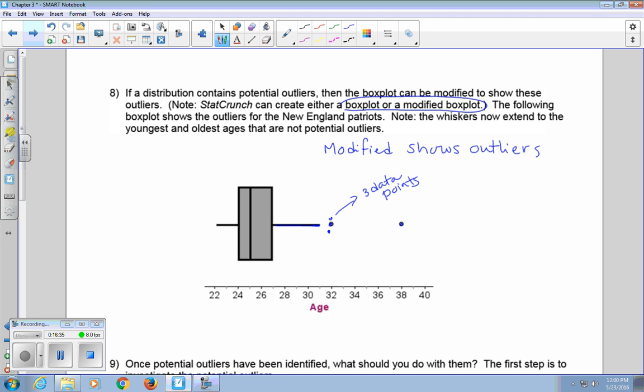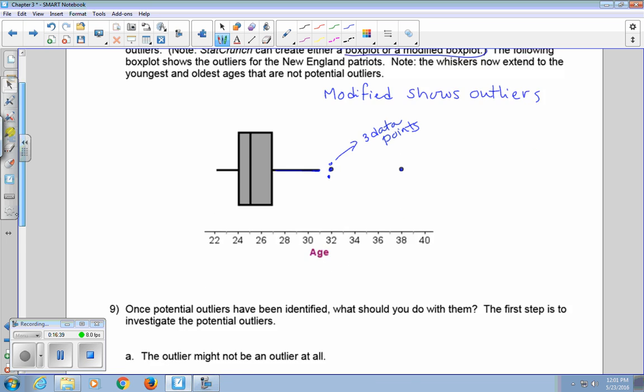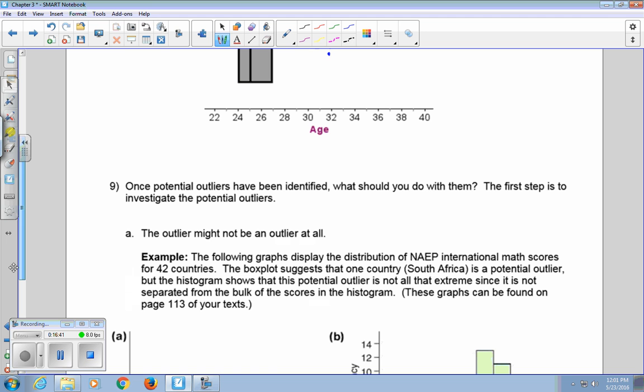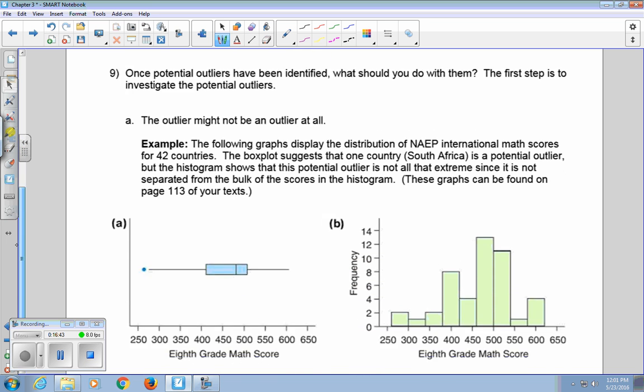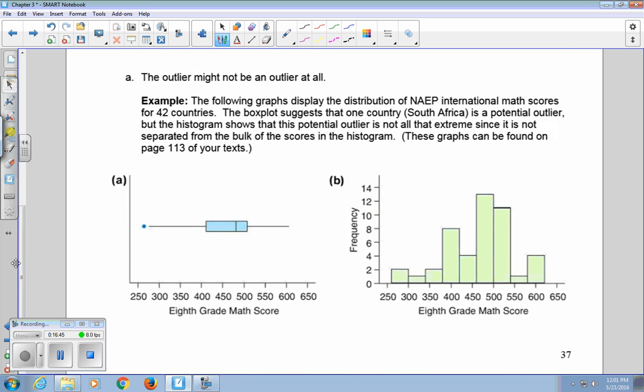So once you've identified potential outliers, you want to go back and look at them and see, why are they outliers? There are several reasons we might find an outlier. It actually might not be an outlier at all. So even though, below, this is a box plot and histogram of international math scores for 42 countries.